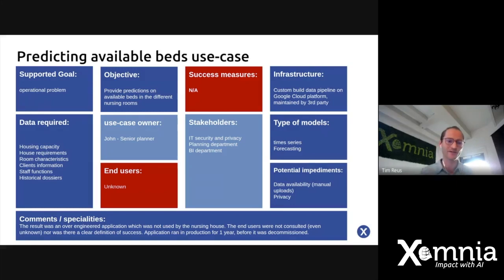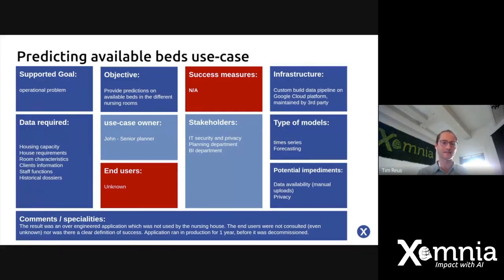So what happened was a very over-engineered application, which would run fine even if the world were to collapse, but it was never used by the end users because it didn't give them enough added value, and it wasn't something they could use properly. As a result, after a year of running in production, the solution was decommissioned. And here you can see very properly that not having all of these building blocks in place didn't help us make this a success.